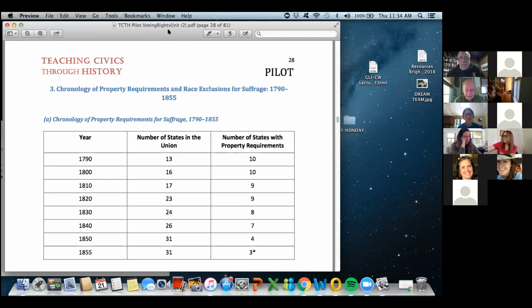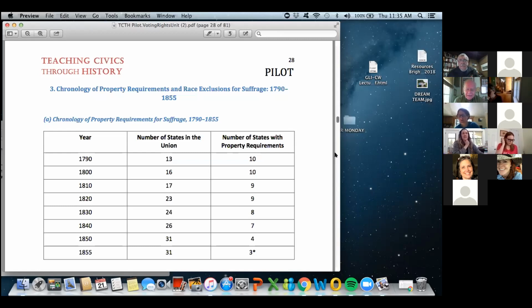So another interesting activity, if you want to introduce some math, would be those two charts on pages 28 and 29. Ron has the first one up, 3A, which is a chronology of property requirements in order to vote between the years of 1790 and 1855, just before the Civil War.